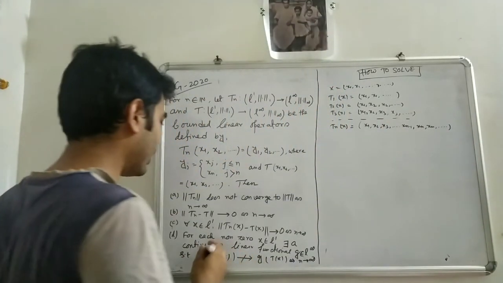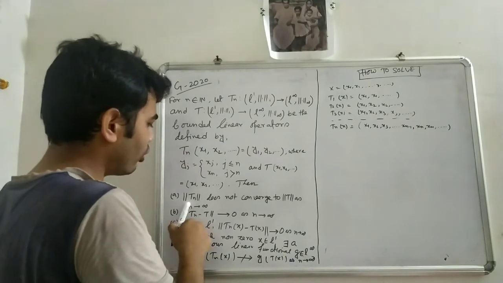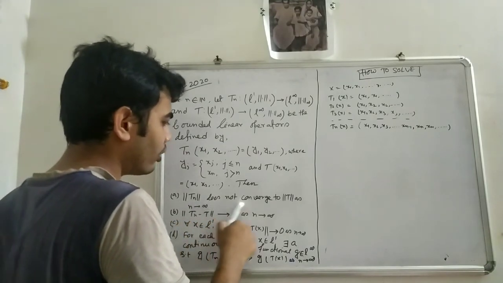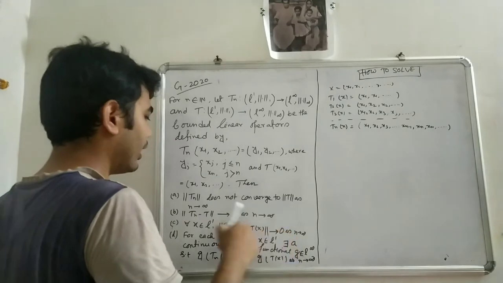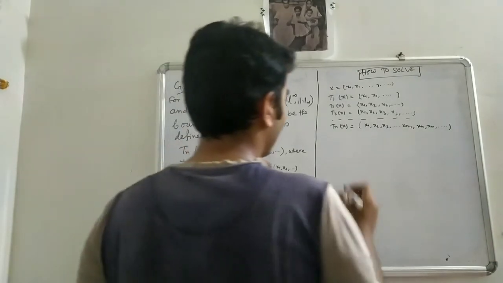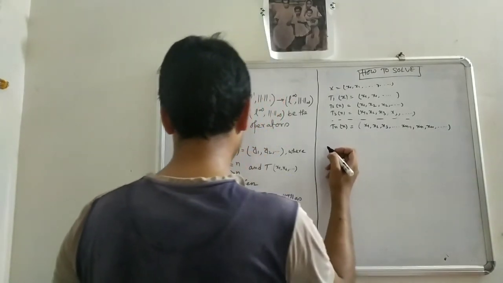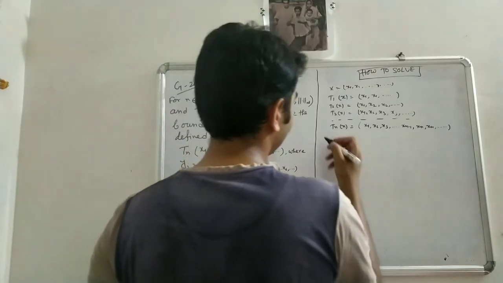Now look at the first option: norm of Tn does not converge to norm of T as n tends to infinity. So now we are going to calculate the norm of Tn.